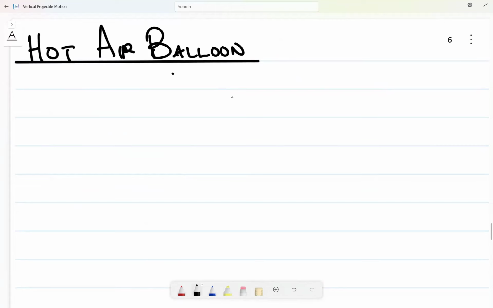A hot air balloon is something like, I always struggle to draw this. Okay. I don't know why I always struggle to draw this. Let me try. Maybe this time I might get it right.